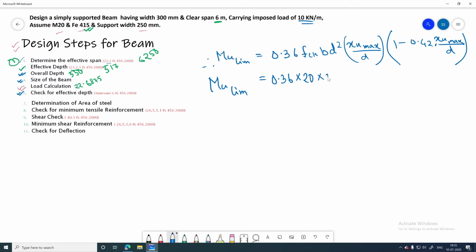B, that is 300, d is 517 square, xu max by d for Fe 415, that is 0.48, told yesterday last class, 1 minus 0.42 into 0.48. So if you solve this, you will get the value of Mu limit, that is 221.31 kilonewton meter.